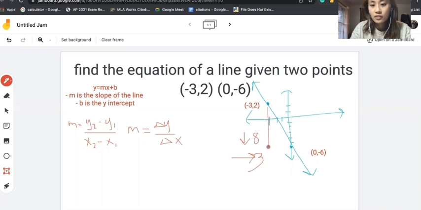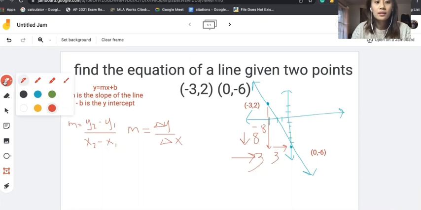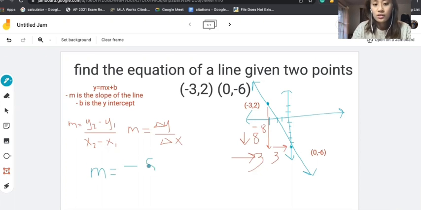So from here to here, this is a -8 because it's going down, and this is a +3. So that means that our slope should be m equals the change in y, -8, over the change in x, 3. So our slope should be -8/3.